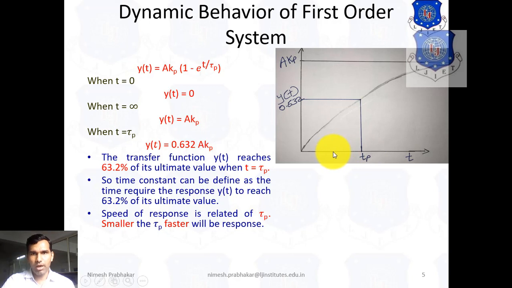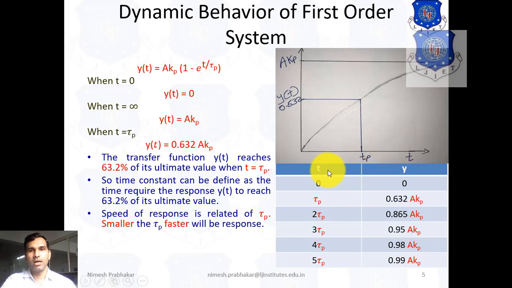At that time we get a faster response because it reaches 63.2 percent of the final value in that time. So tau p represents the response of the system. That means whether the response of the system is faster or slower, we can know by using the value of tau p.